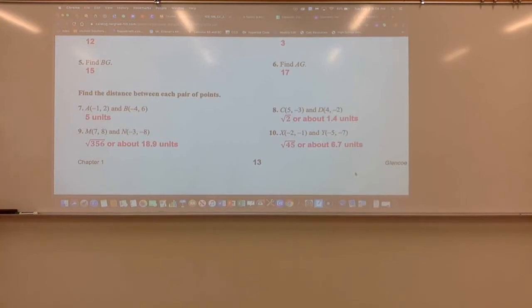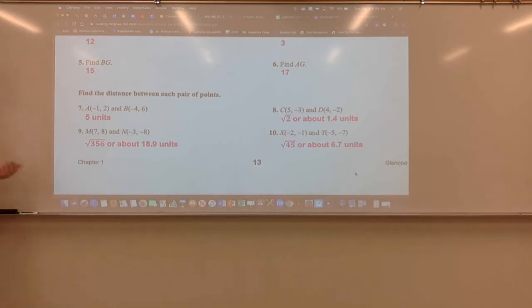400 is a perfect square, but I don't think 400 goes into 356 either. Did we find one that divides evenly into it? 18 is not a perfect square. I think 4 ends up being the biggest one.